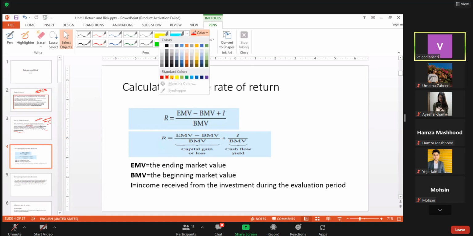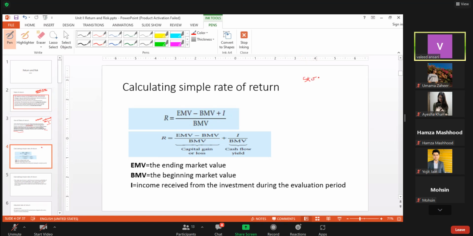Now let us try to understand calculation of return. For instance, if somebody has purchased any stock, let us say an equity stock, and keep in mind that equity stocks are those stocks which provide ownership, the stocks which are held by the shareholders.